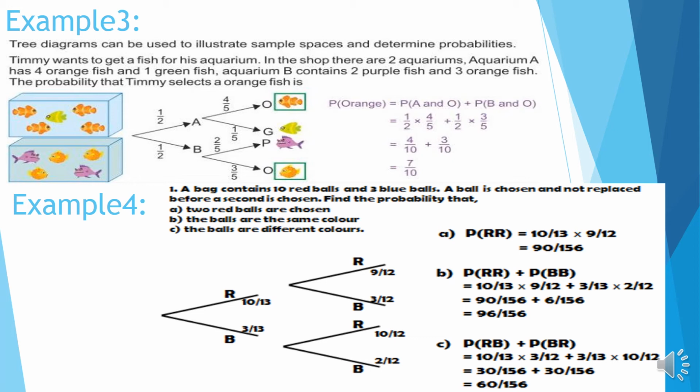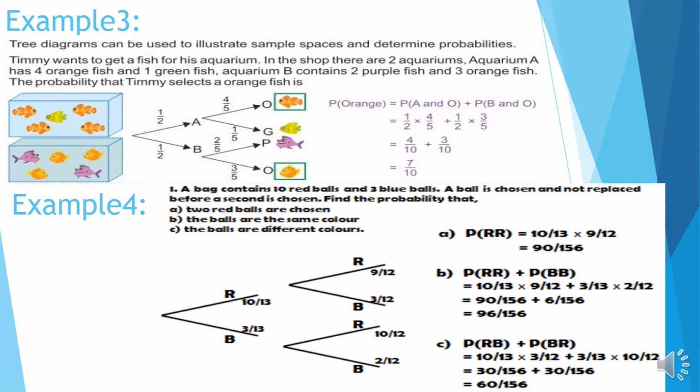For red, it is 10 out of 13, since the total is 10 plus 3, which is 13. There are 10 red out of 13. For blue, 3 out of 13. This is the probability of red and the probability of blue.